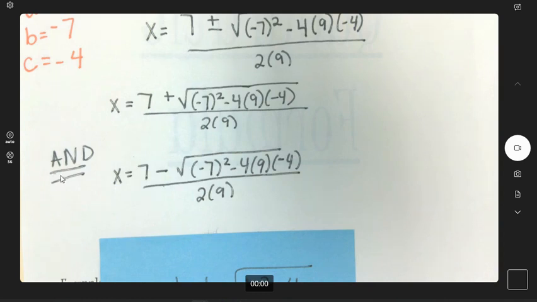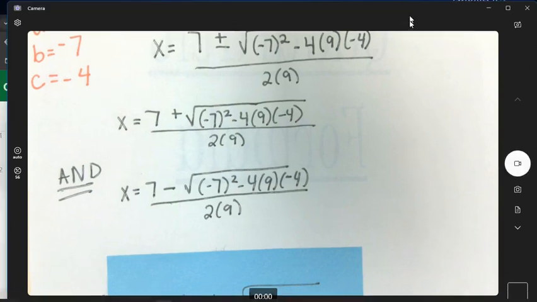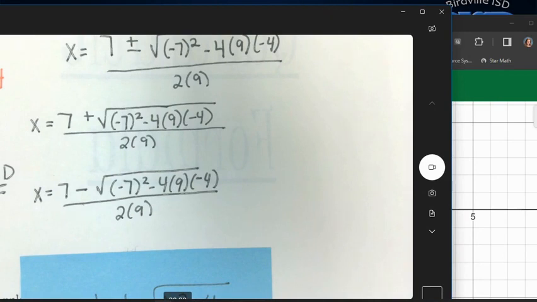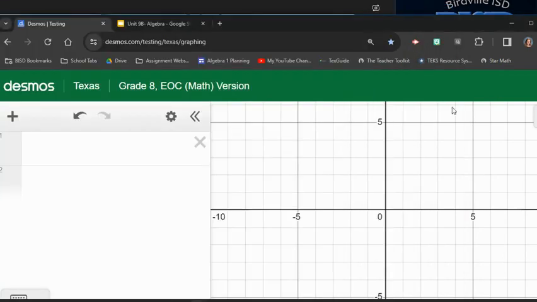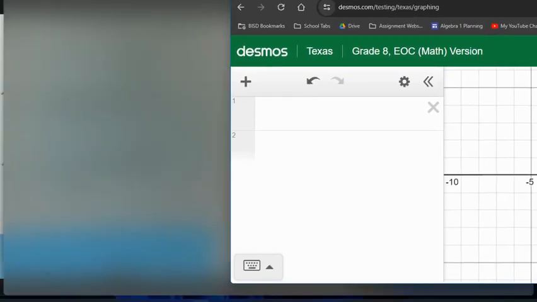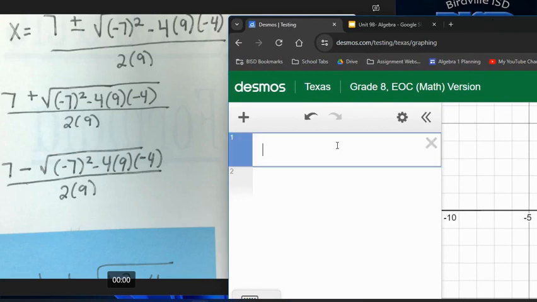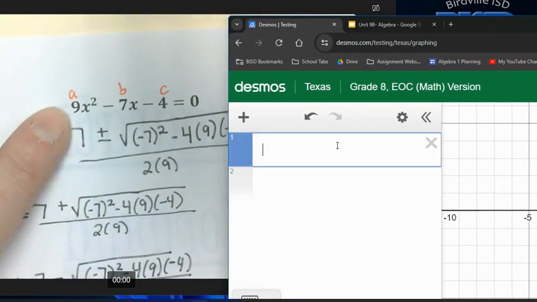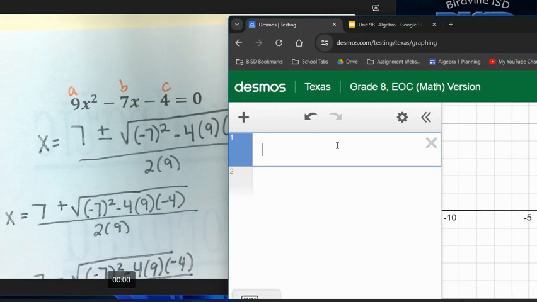And we are going to start off with, let me open this up so you can see it. We are going to start off with what we were given. I'm going to put in 9x squared minus 7x minus 4.